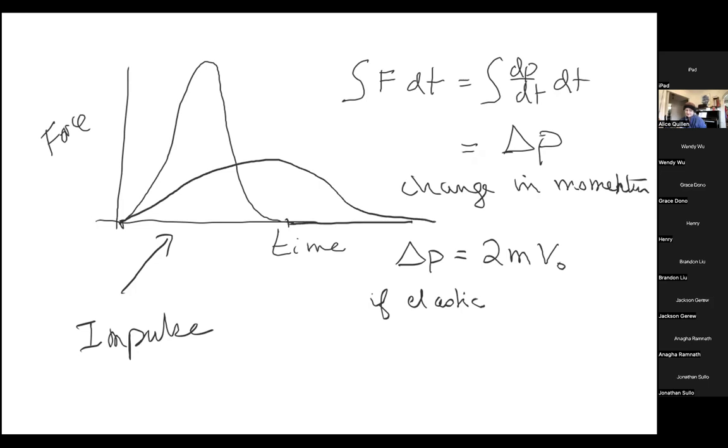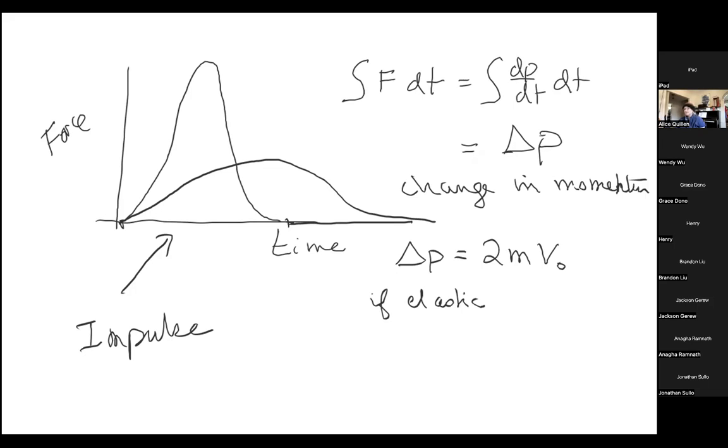As long as the areas underneath these two curves are the same, they would have the same total change in momentum. But if you can slow it down, then you get less force, which is less acceleration. So if you have a setting where something is being damaged by high accelerations, then you want to slow down the collision.